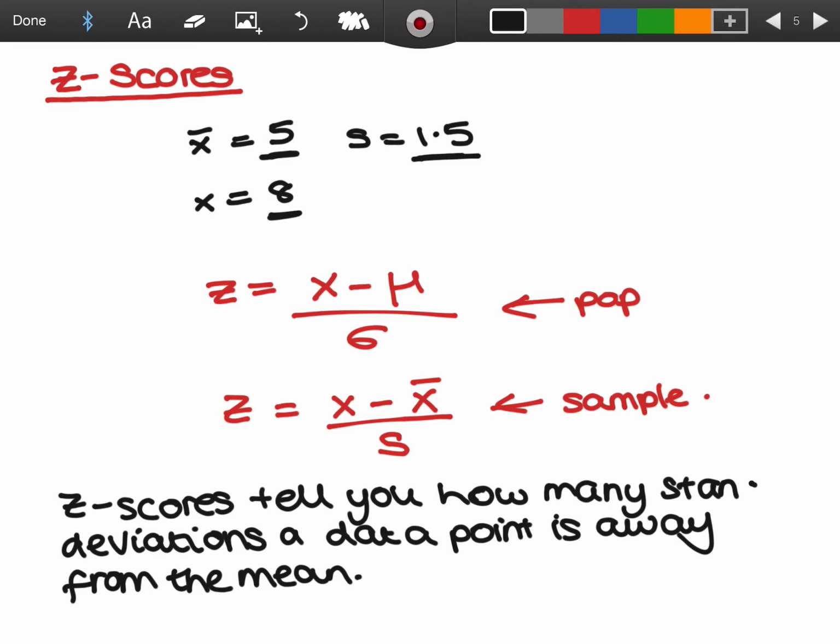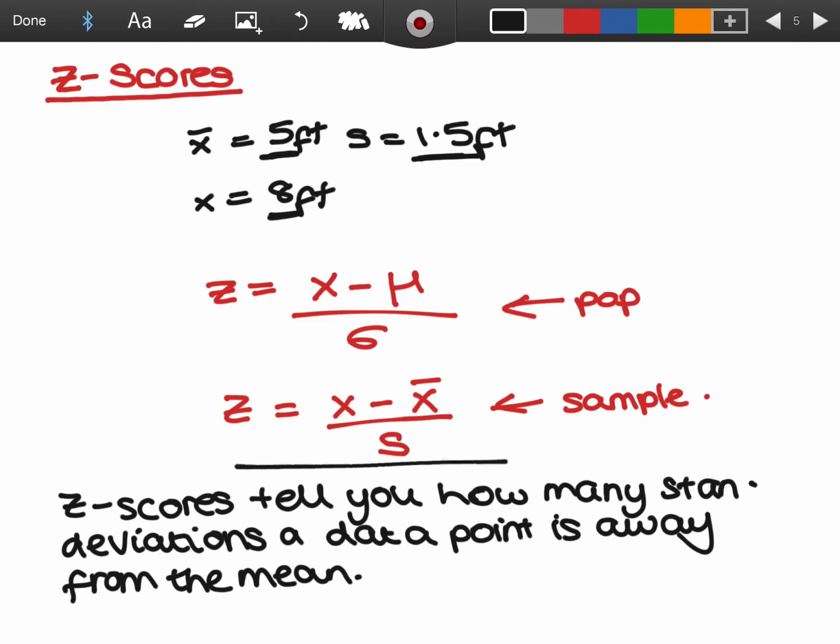Okay. Why do we like this? Well, as I said before, let's say the data above here was in feet. Remember that the standard deviation always has the same unit as your data. Well, if I go ahead and calculate a z-score, so it's the data point minus the mean divided by the standard deviation, you actually get a unit-free measurement.